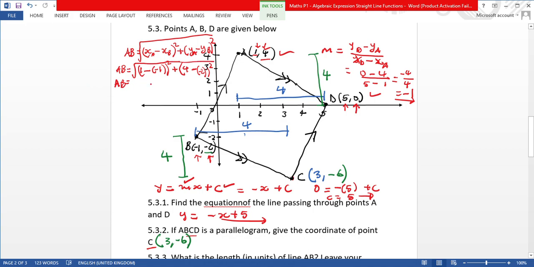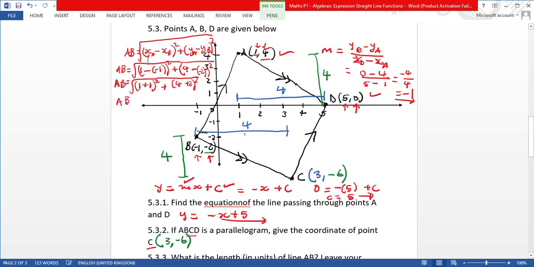So basically here in this bracket, you're going to have 1 plus 1 squared plus, in the other bracket, you're going to have 4 plus 2 squared, and then you put the square root.